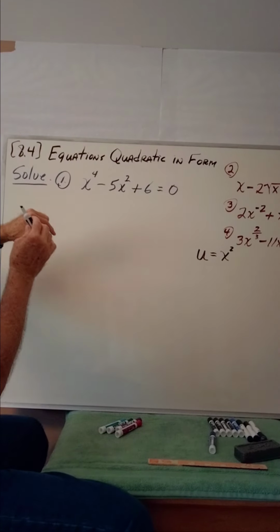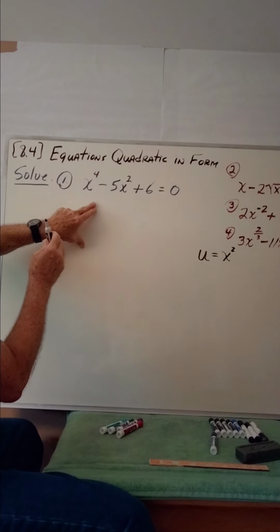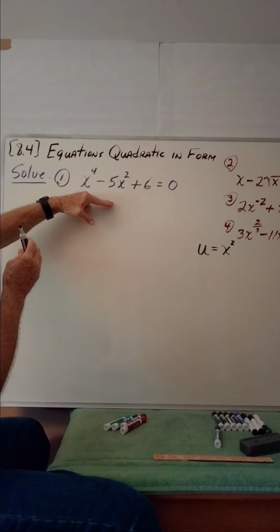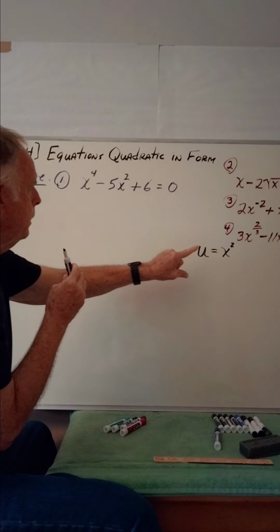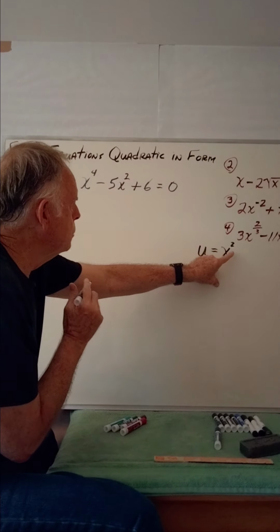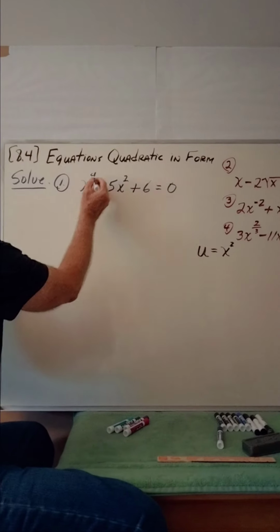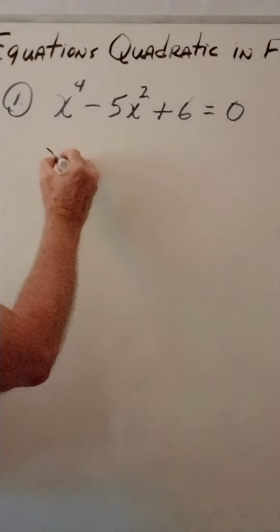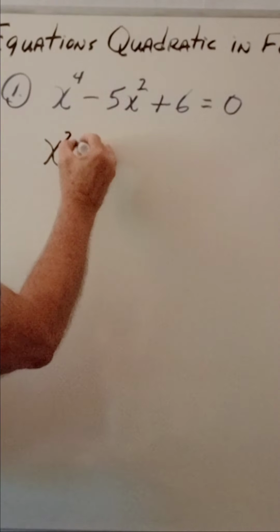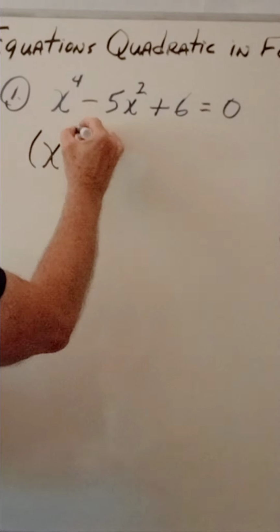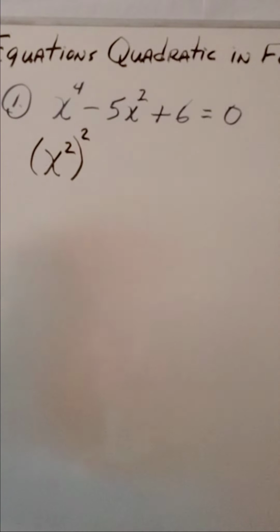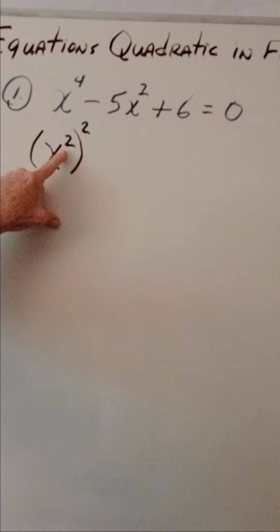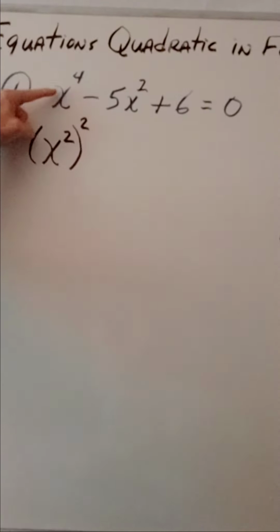Now, we're going to begin the process of getting this written so that it looks quadratic. We're going to begin by bringing over this x squared and putting it right below the x to the fourth. We're going to tuck it, and we're going to square it. Now just pause there for a second. x to the second squared, bullseye.